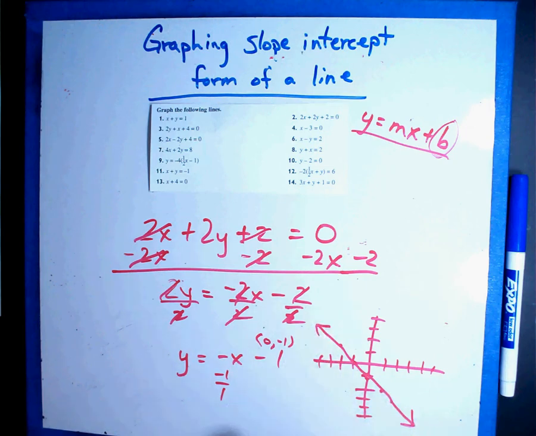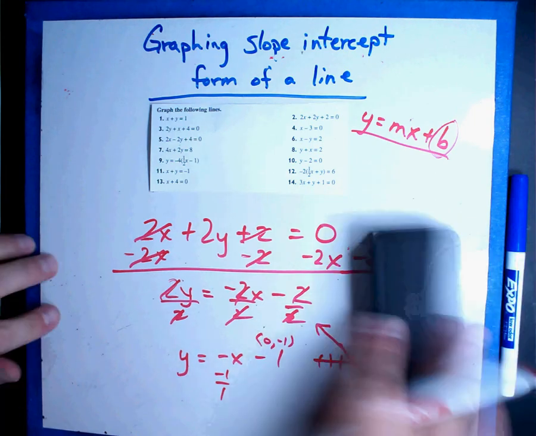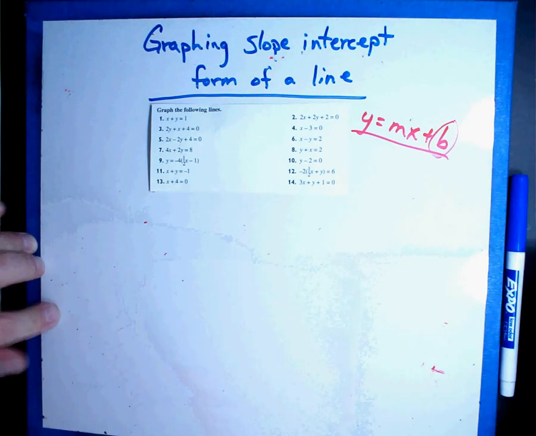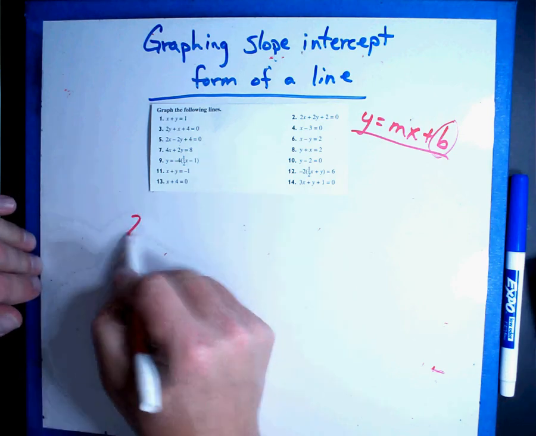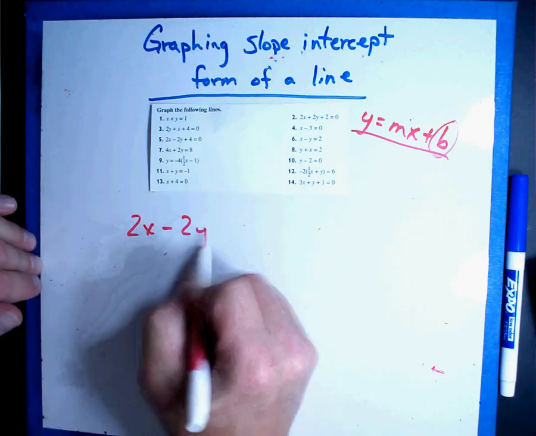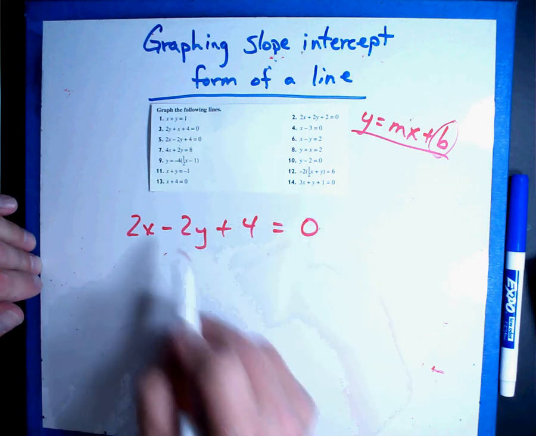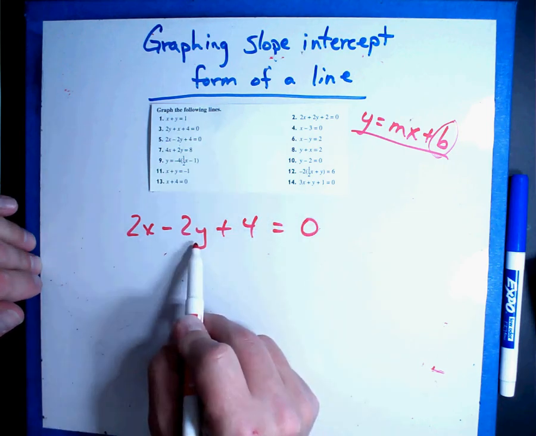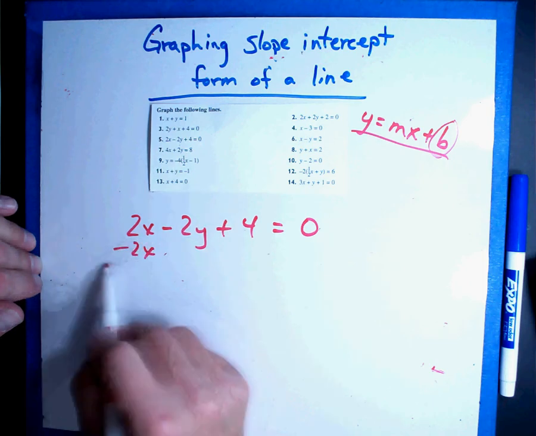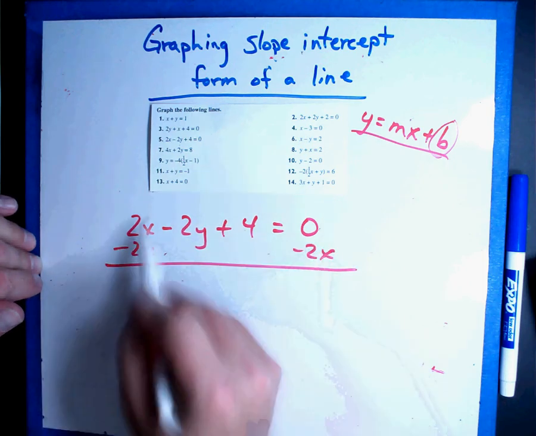Let's see if we can get one that comes out positive so we get a different picture. Let's do number 5 real quick. Number 5 is 2x minus 2y plus 4 equals 0. So we have to have y. And so we're going to subtract 2x on both sides.